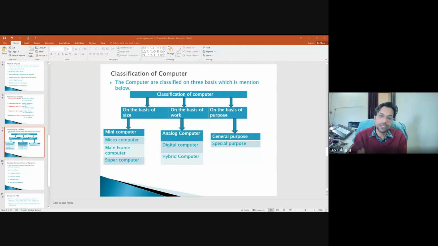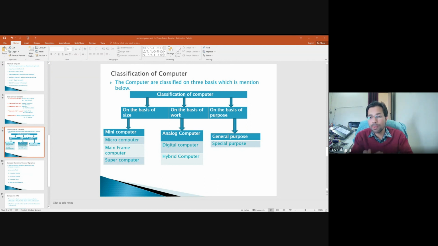All the logical operations and all the arithmetic operations will be represented as digits. That is our binary representation form, your binary system in the form of 0 and 1.